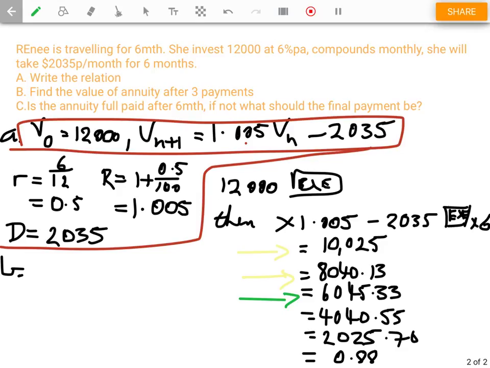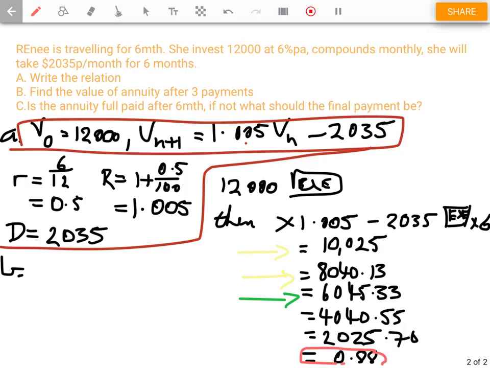C, is the annuity fully paid after 6 months? We'll stick on this page. After 6 months, we can see that the annuity still has a worth of 88 cents. Because we're owed 88 cents, that final payment is going to go up.